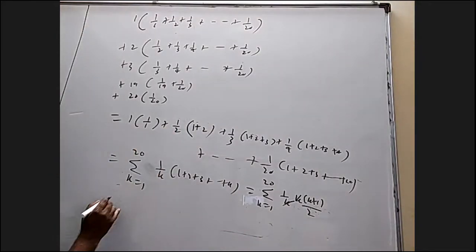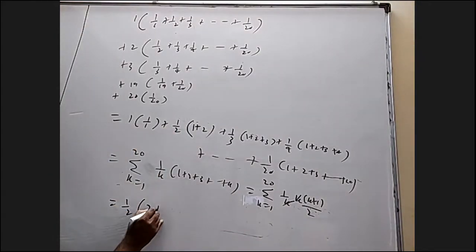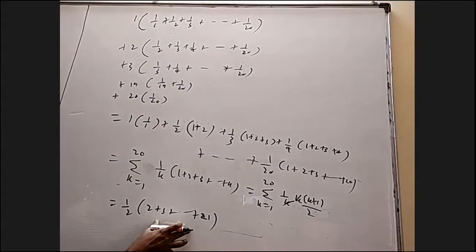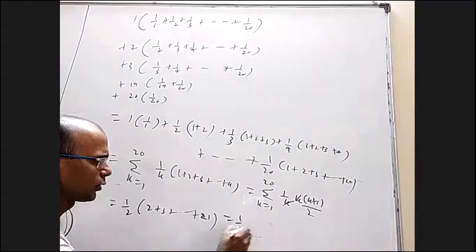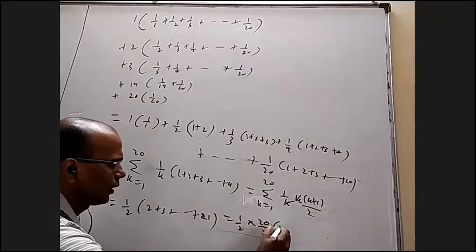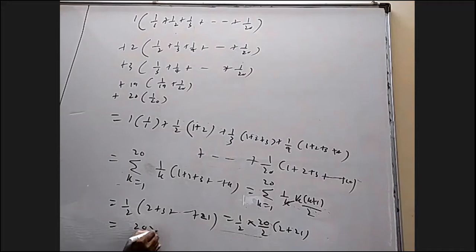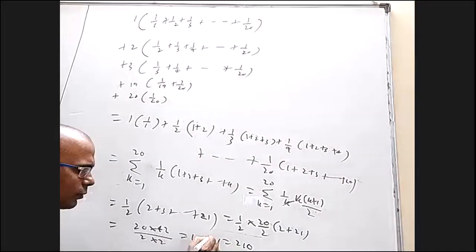Now it is 1 by 2 times 2 plus 3, and so on up to 21. You can add 1 and subtract 1, then we'll get the answer. Or at least you know these are 20 terms, so n by 2 times first term plus last term. 1 by 2 into 20 by 2 times 2 plus 21. That is 20 into 42 by 2 into 2. 10 into 21, which is 210.